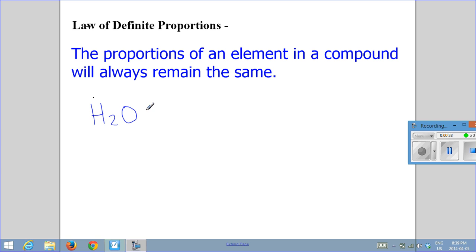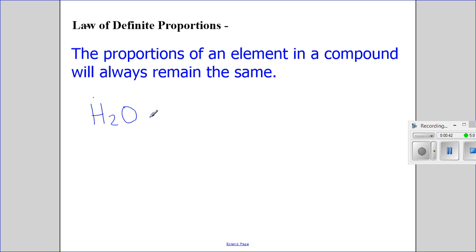This means any compound, for example water, if we talk about its mass, has a constant percentage of its mass from each element. I'm just going to make up a value. This is not correct, but let's say 70% of its mass comes from oxygen, and the remaining mass comes from hydrogen.